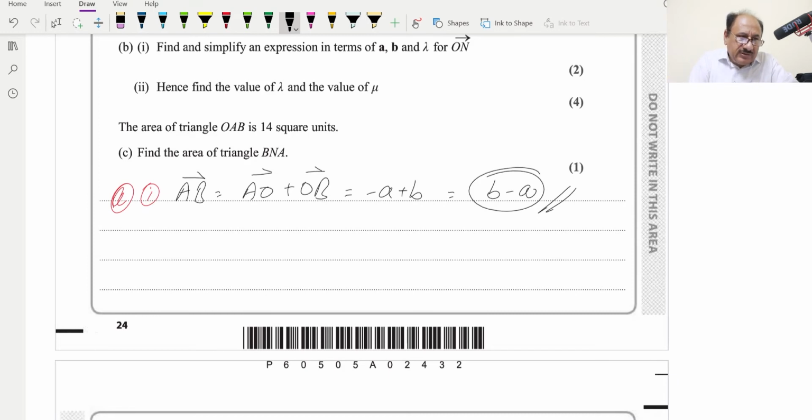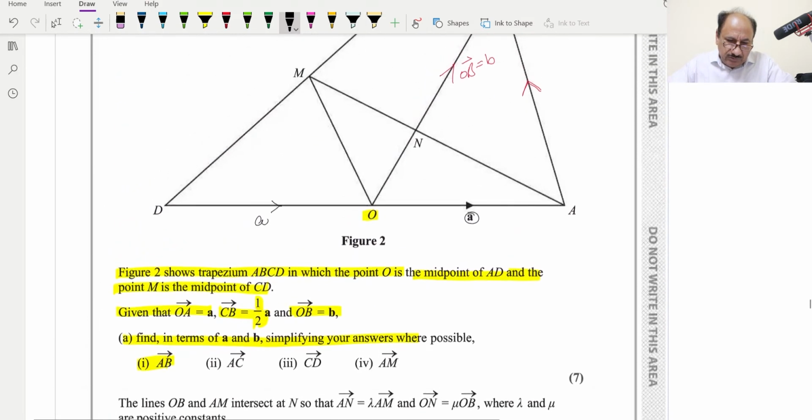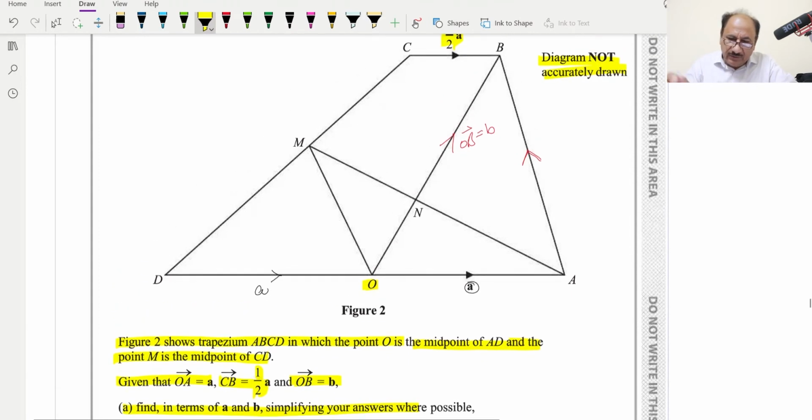Now for the second part, we need to find AC. AC is what? This is basically AC location we will check. AC is over here. If we draw A to C, this will be AC, so I will use the red line for this one, and this will be AC direction.